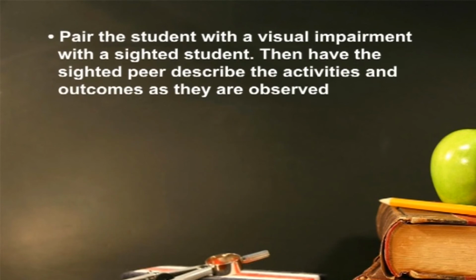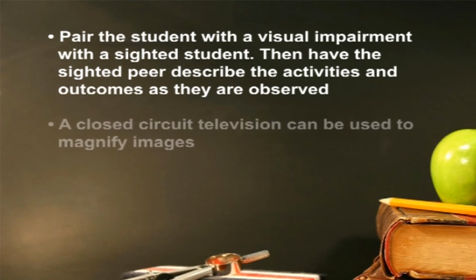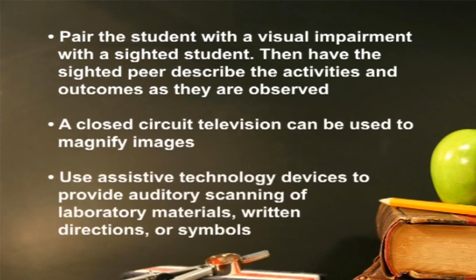Pair the student with a visual impairment with a sighted student. Then have the sighted peer describe the activities and outcomes as they are observed. A closed circuit television can be used to magnify images. Use assistive technology devices to provide auditory scanning of laboratory materials, written directions or symbols.